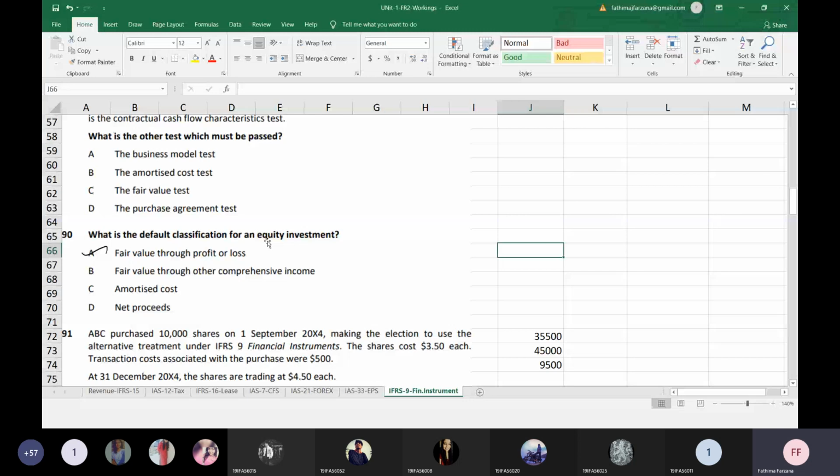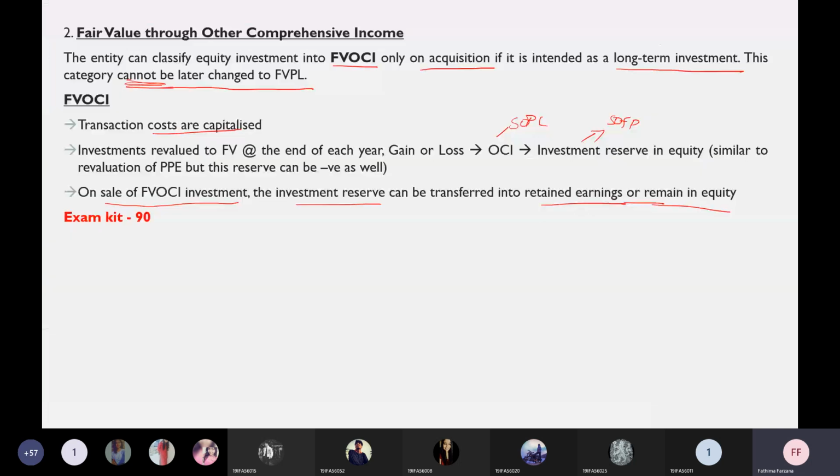Only on acquisition. And what type of investment should it be? Long-term investment. Can you go back to FVPL? No. Once classified as FVOCI, you cannot go back to FVPL. Okay, fine. So that's it. A little bit of theory and one question to answer.